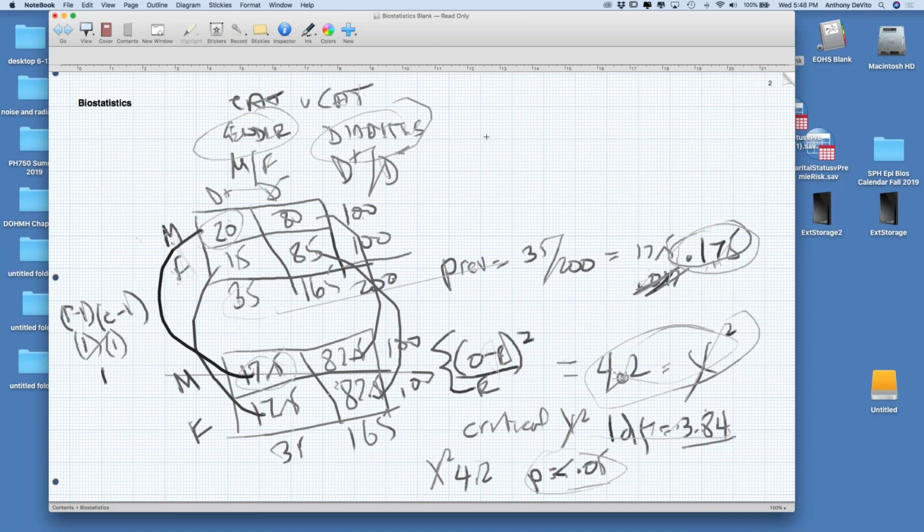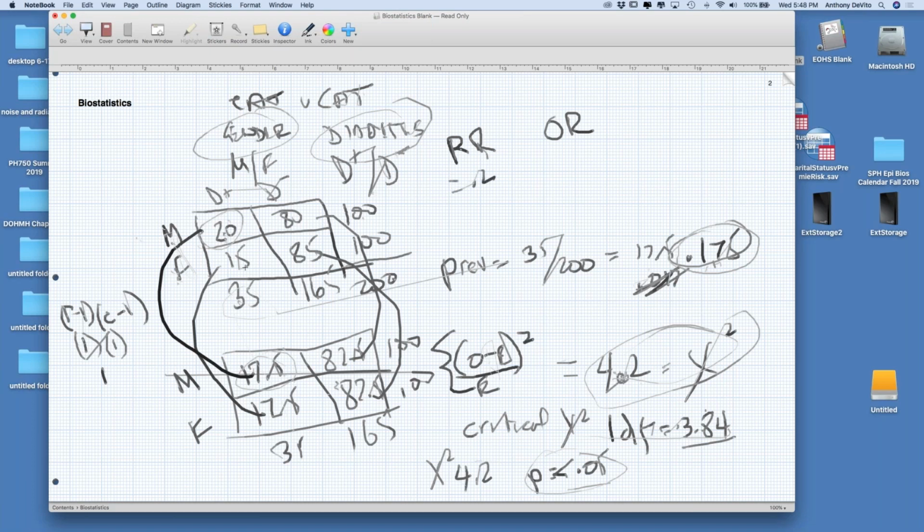Well, there's another calculation that we can do also: we can do relative risk or relative rate, and we can do odds ratio. And what is that? Well, that's another way of looking at the same data. The rate at which males get diabetes is 20 out of 100, so that's equal to 0.2.